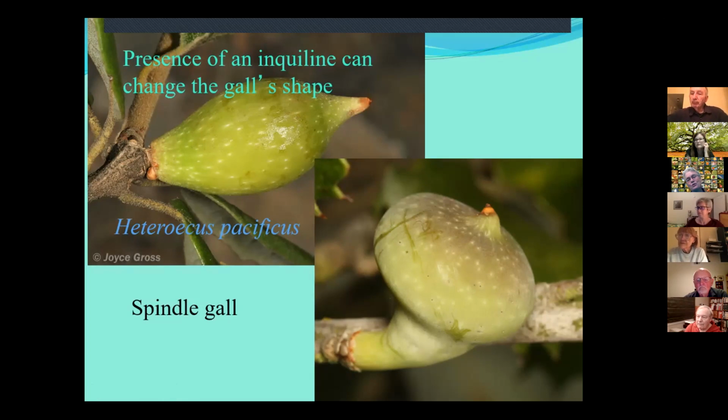So the gall inducer still develops in her own chamber, but each of the inquilines develops in his or her own chamber. And those inquilines will cause the gall to get bigger and larger and have a very odd shape in the end, way distorted. So this has a Synergus inquiline.